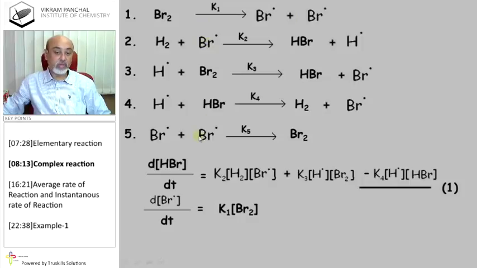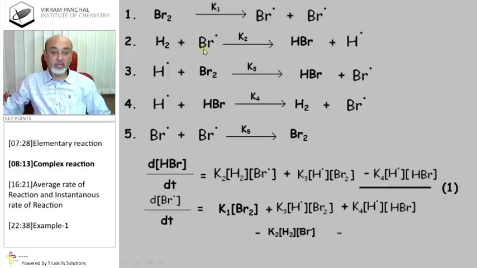In the fifth reaction also Br dot is a reactant, while in the third and fourth these are products. So we will add K3 and K4: K3 [H dot][Br2] plus K4 [H dot][HBr] minus K2 [H2][Br dot] minus K5 [Br dot]^2.